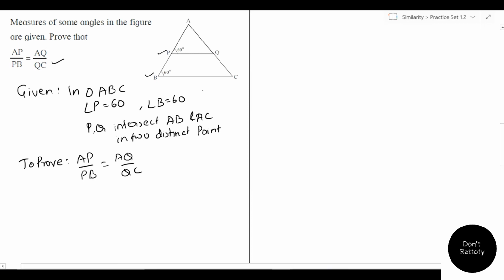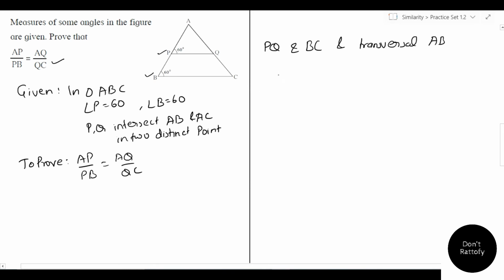How can we do that? Okay, we'll forget the triangle for a moment, and we'll consider there are multiple lines. We have learned in 8th standard about corresponding angles. We'll be using the corresponding angles here. So if I take two lines, segment PQ and segment BC, and let's say the transversal is AB.